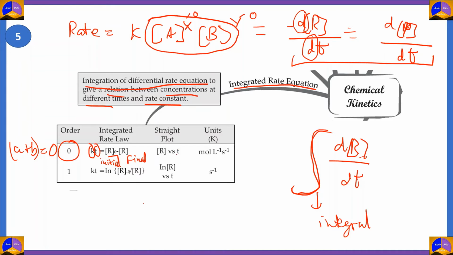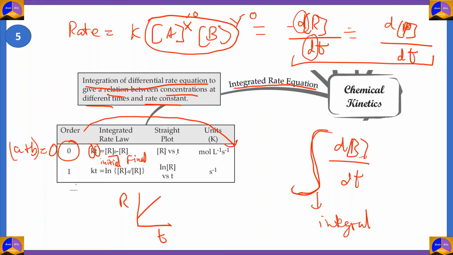The graph of this is represented as [R] versus t. And as we've studied earlier, a zero order reaction has the unit moles per liter per second.